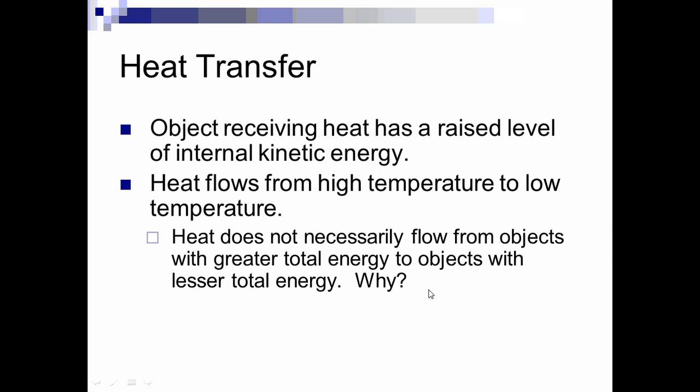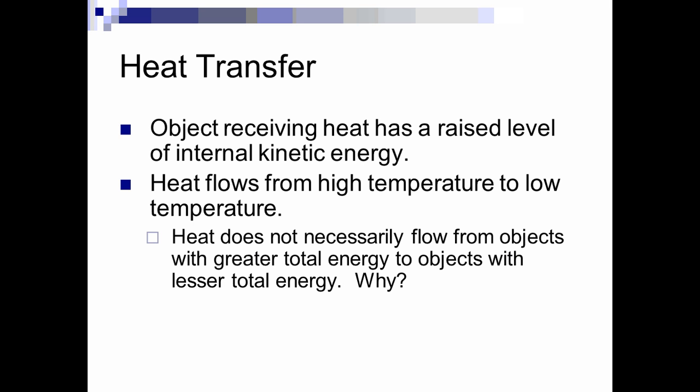My favorite example for this one is a cup of cocoa. If you've got a cup of cocoa in a cold room, which one has a greater temperature? Well, of course the cocoa does, right? The cocoa is hot, whereas the temperature in the room is cold. Now, which one would have a greater total energy? Since the room is so massive, the room would have a greater total energy, whereas the cup would have a smaller total energy.